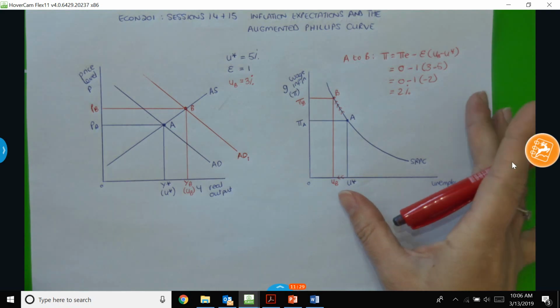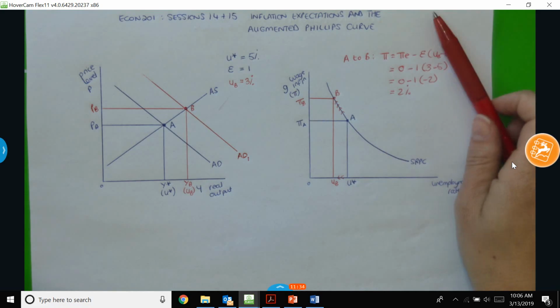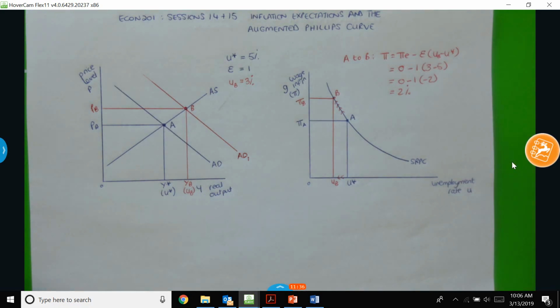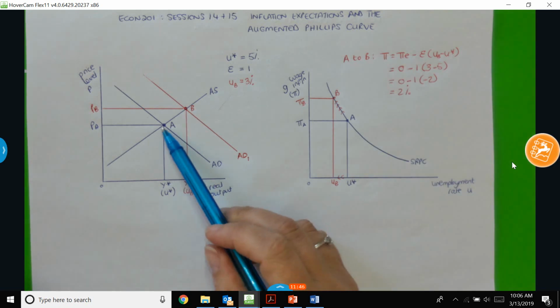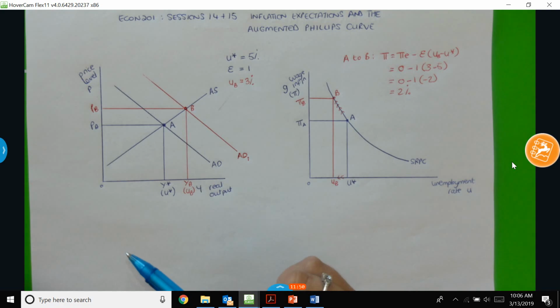What we now need to think about is how we can show a shift of the Phillips curve over time. And the way in which we do that is by incorporating inflationary expectations. Let's say that you're living in this economy and you experienced the increase in the demand for goods and services, but you didn't expect it.